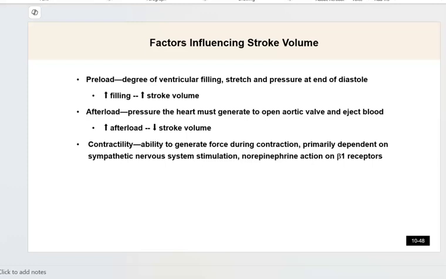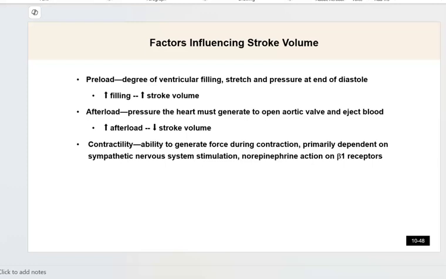So the harder the heart has to work to get blood out, the less it's going to do. And so inversely, if I decrease afterload, so I decrease the pressure that the ventricle has to make, then the ventricle is able to squeeze out more. So I can inversely manipulate my afterload to change my stroke volume.